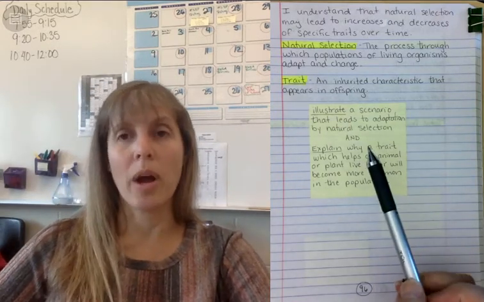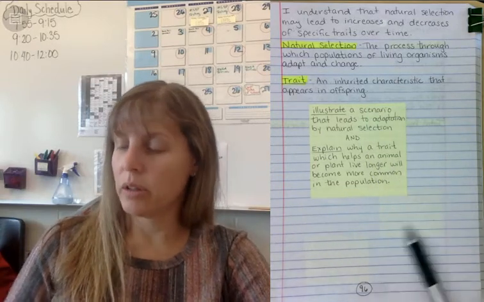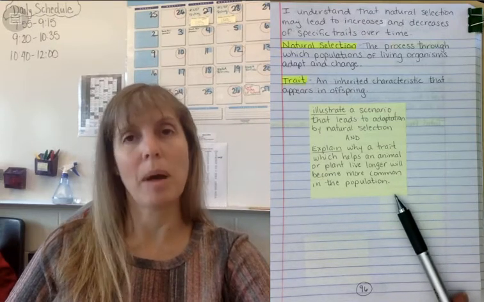You get to pick one, or you can Google it and find another one if you want, and illustrate a scenario that leads to adaptation by natural selection. Okay? And I would also like you to include an explanation why a trait which helps an animal or plant live longer will become more common in the population.